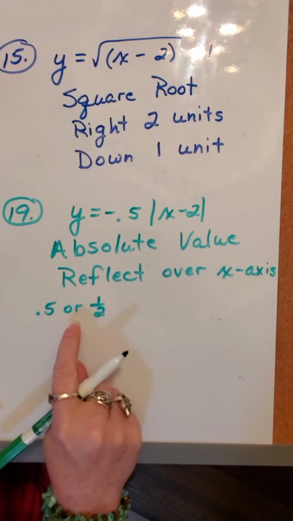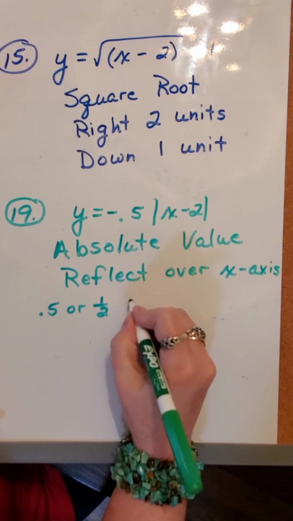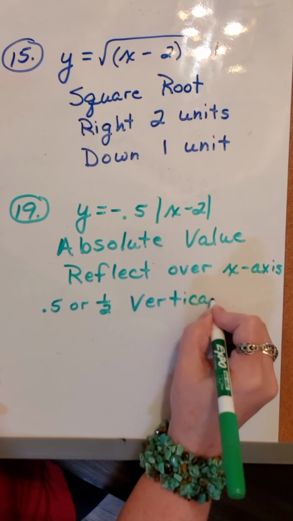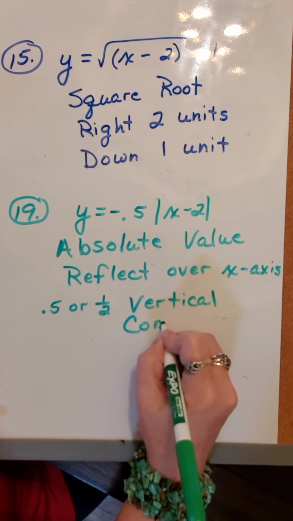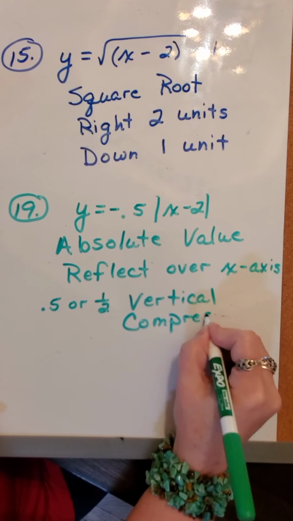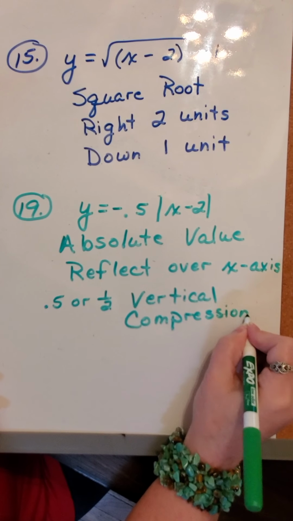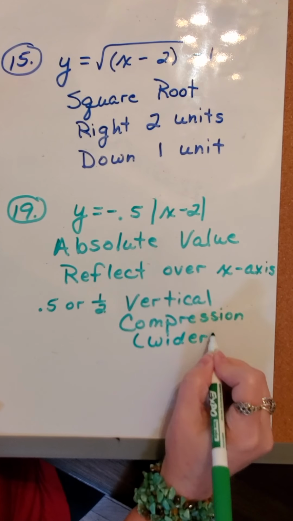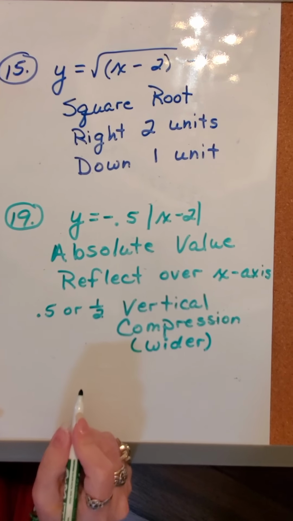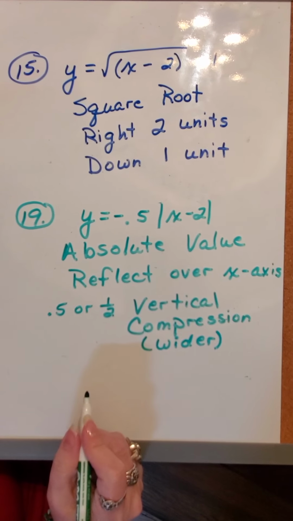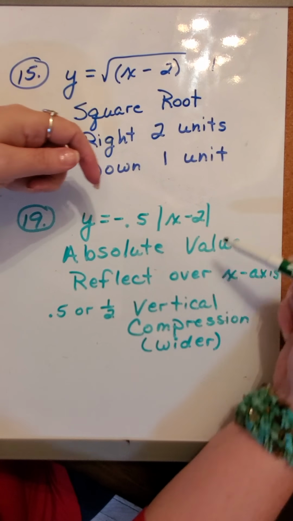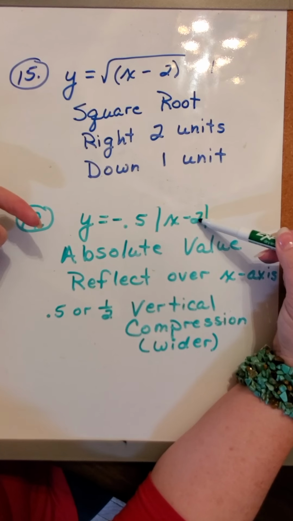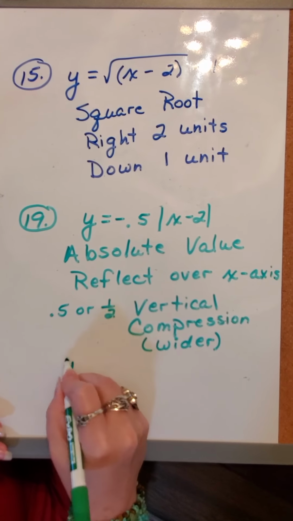So that would be a vertical compression. So it gets wider. Okay, and then we have one more thing. Now these absolute value signs are the same as parentheses, so this is going to go right 2 units.